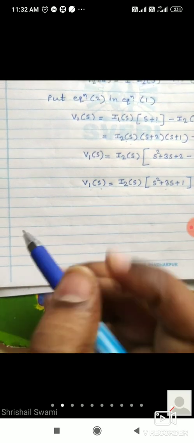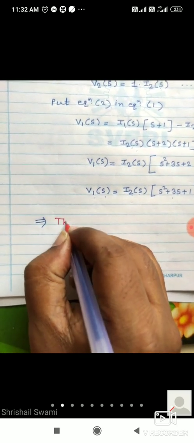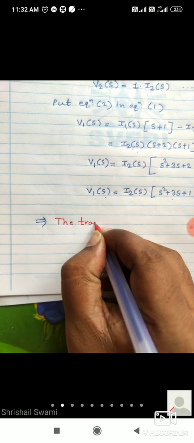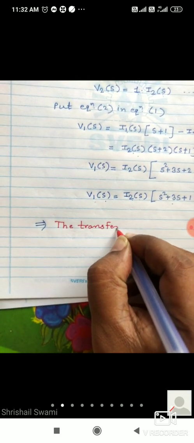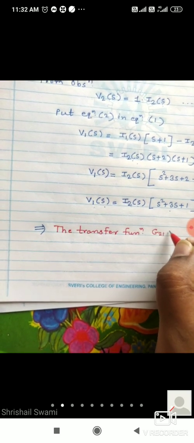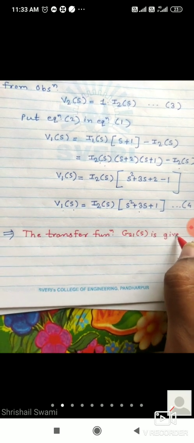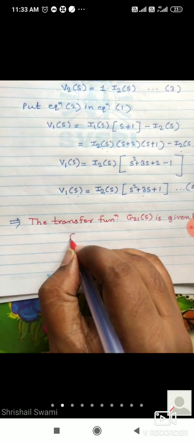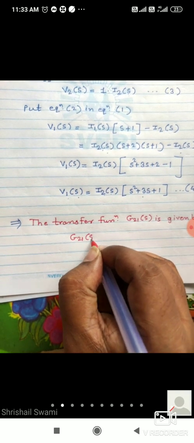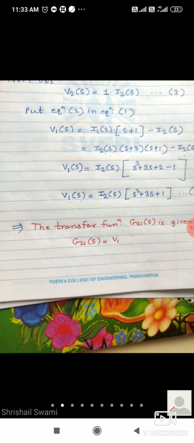Okay, so last one, the transfer function G21 of s is given by, so G21 of s is equal to, G21 विचारलं का G12?